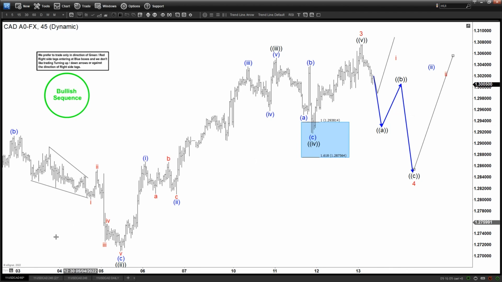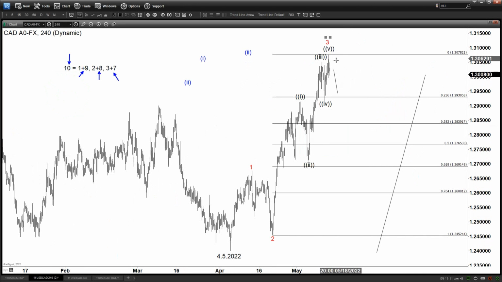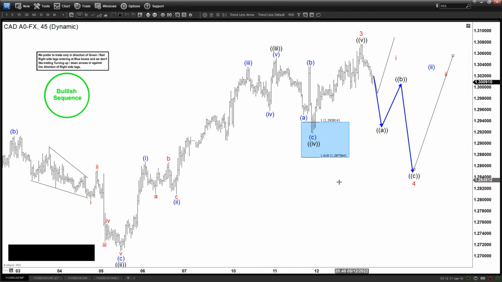In this case we can do a bigger pullback in 3 waves in wave 4 to correct this. Maybe we can go all the way here, so we will have a 3 swing which has an overlap with the 23.6 and 38.2 before it goes higher again. All right, so that's the idea here.